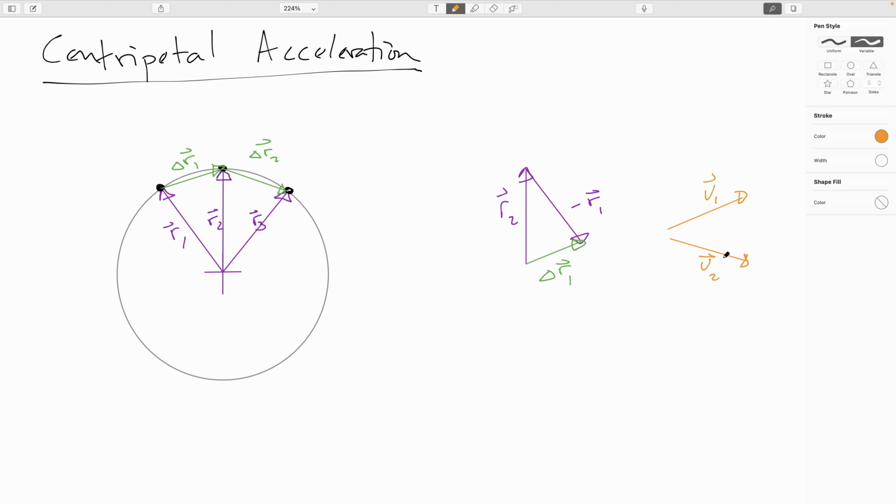And remember, the average velocity is the displacement over the time. But I can use this to find the change in the velocity, and from that I can get the direction of the acceleration.